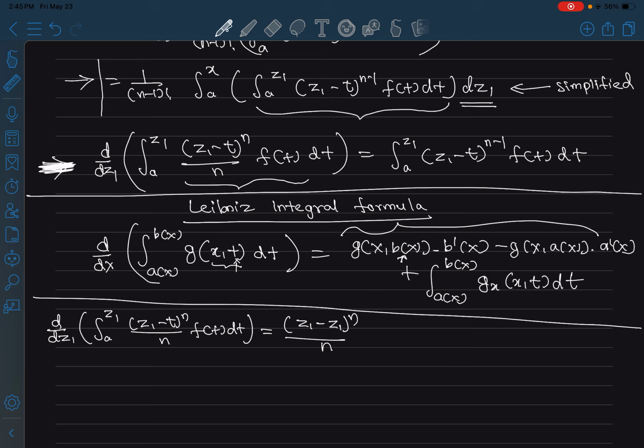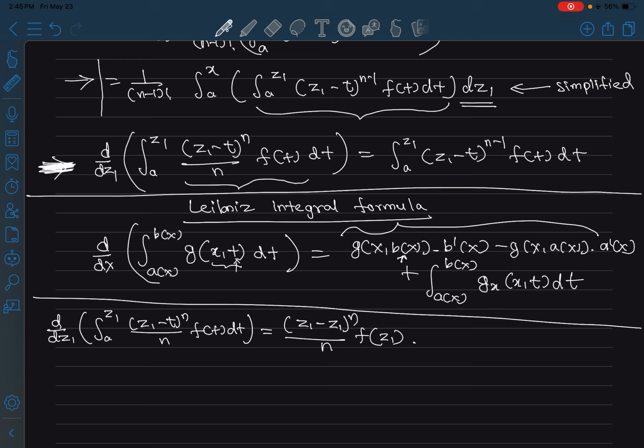So this becomes f of g1, and then b prime of x. Since our b of x is just t, b prime of x will just be 1.